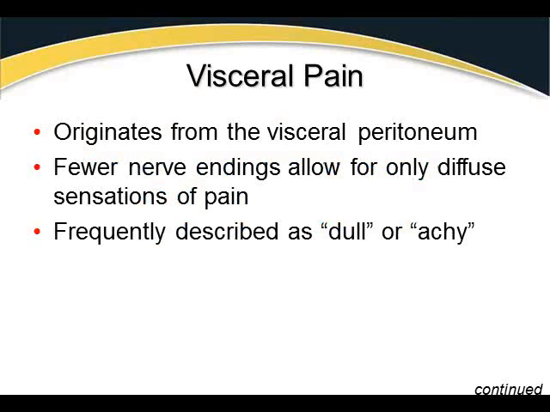To talk about some types of pain we may run into, we have visceral pain, which originates from the visceral peritoneum. There are fewer nerve endings, which allow only for diffuse sensation of pain, usually described as dull, achy, or sometimes colicky pains. Remember, the visceral peritoneum is the covering around those organs, and that covering isn't well innervated, but it can sense a little bit of discomfort.